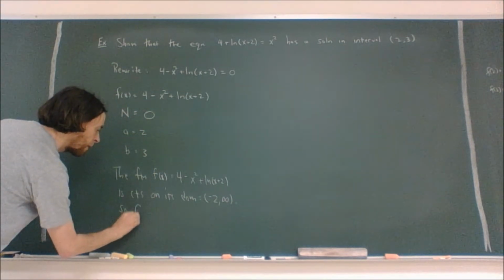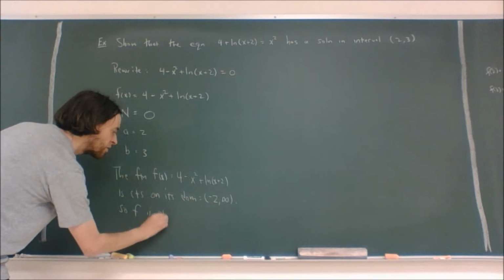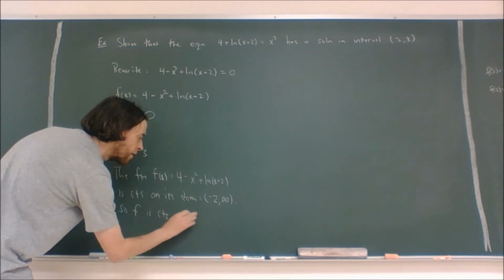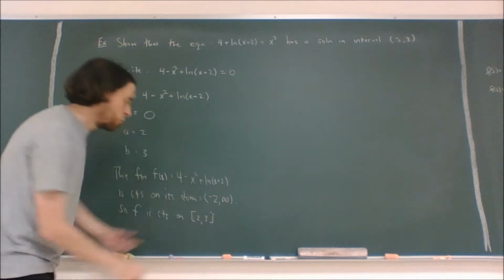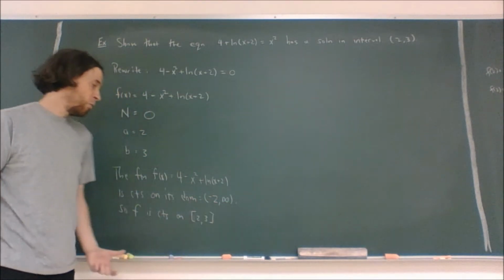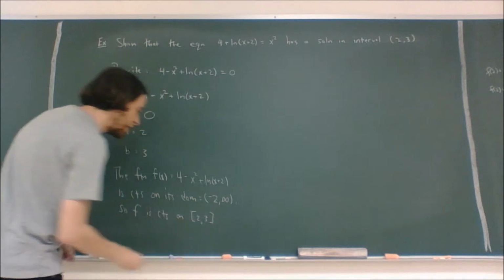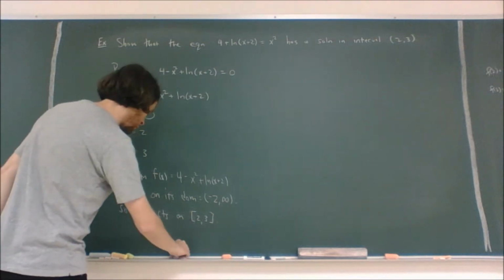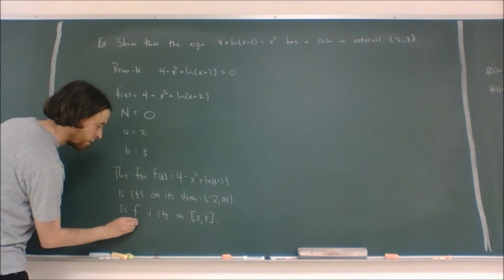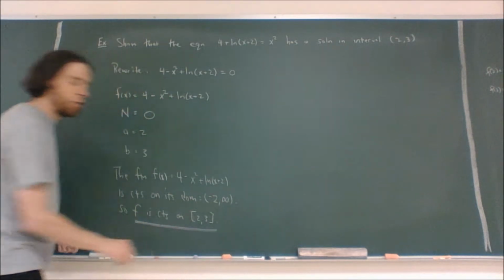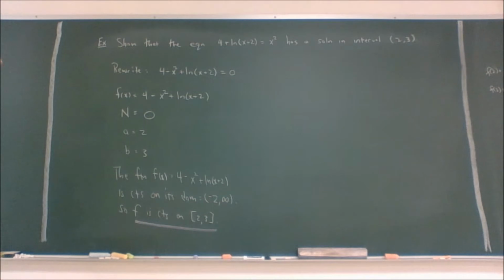So f is continuous on the closed interval 2 to 3, which sits inside of this domain. And being continuous on that closed interval is really what we wanted, right? So f is continuous on this closed interval 2 to 3 is what we wanted for that first condition.